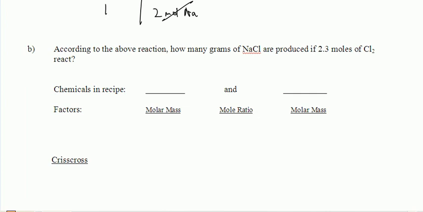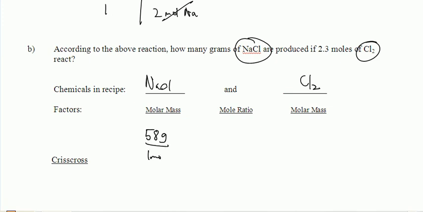For this one, the chemicals in this recipe are going to be NaCl and Cl2. NaCl's molar mass is 58 grams per every 1 mole of NaCl, and the mole ratio is 2 moles NaCl per every 1 mole Cl2.